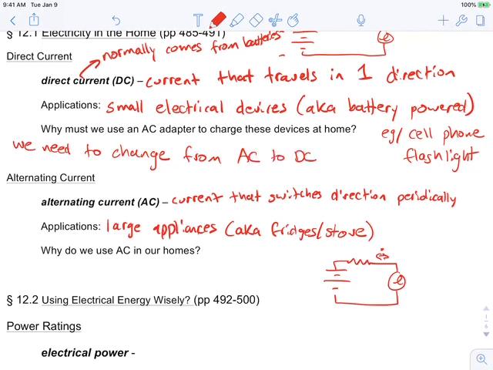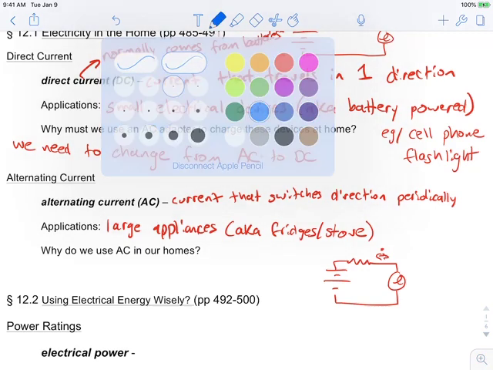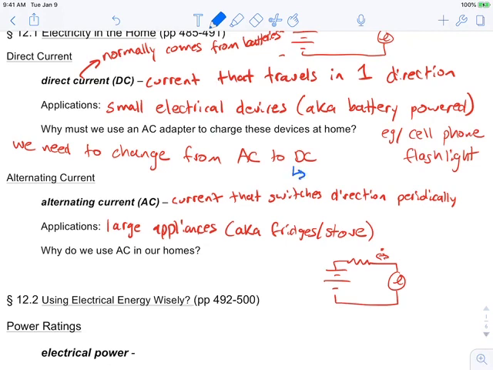The electricity coming out of our walls is AC, and the electricity that's needed by our phone is DC. Because of that, we need to actually make the switch from AC into DC. So we have a special device that is used to accomplish that. That is called a transformer.